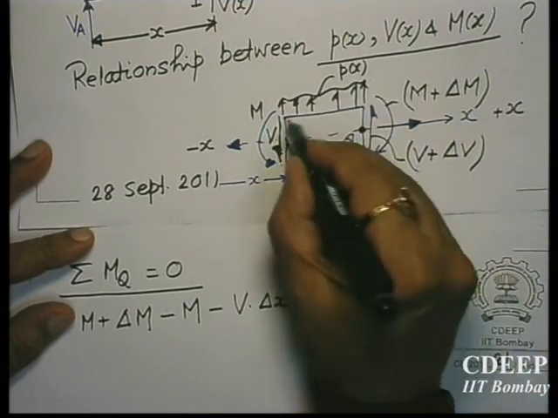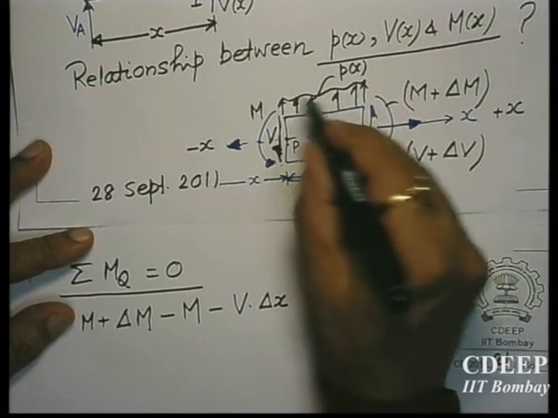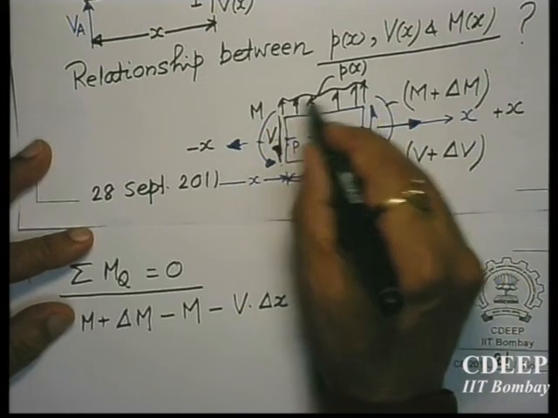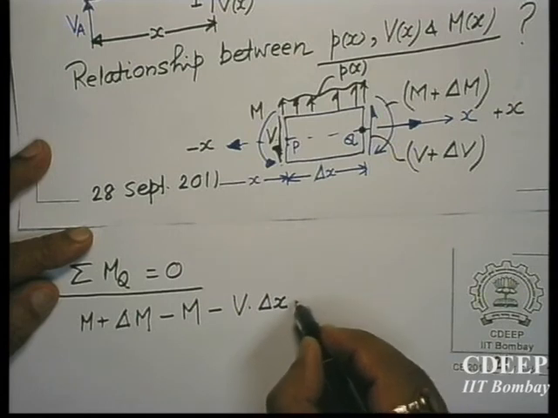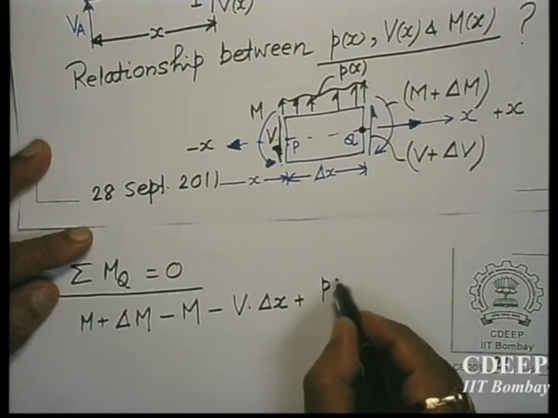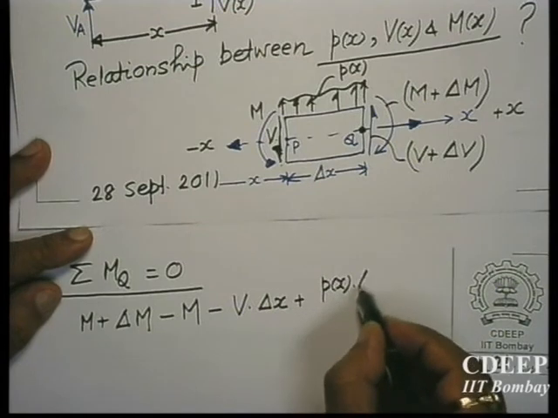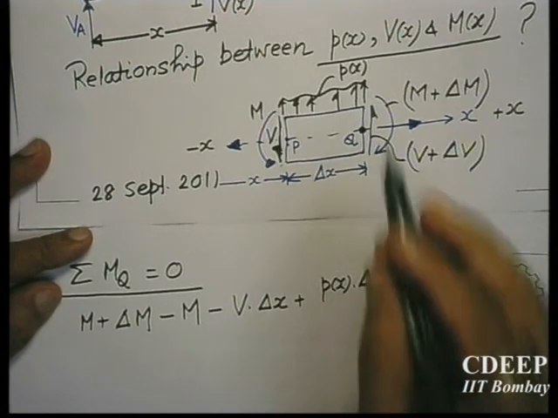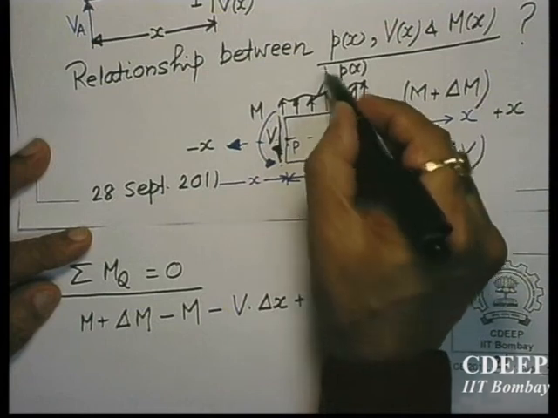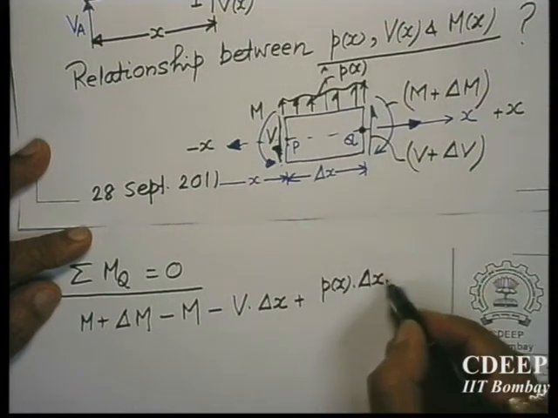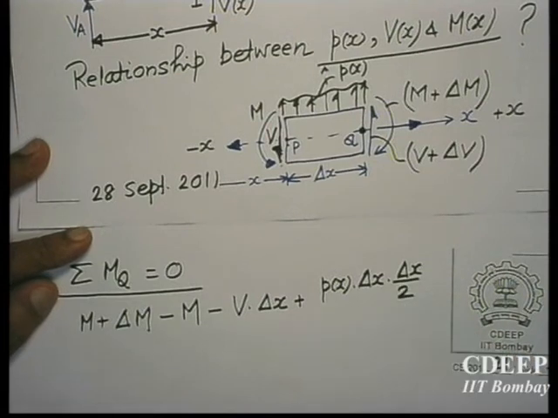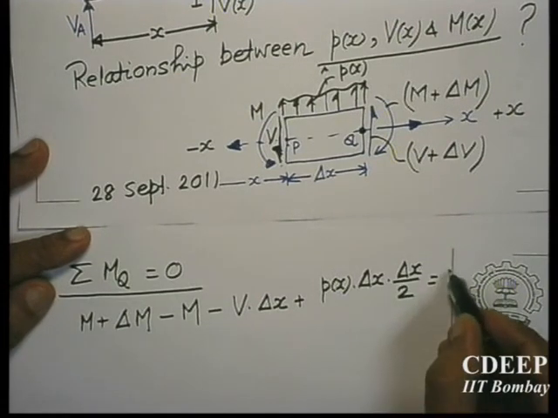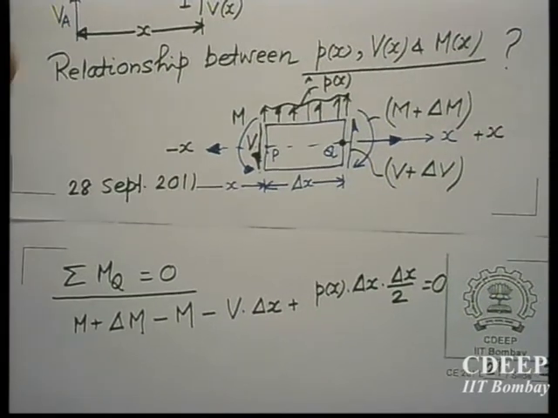If you assume this Px to be constant here, not varying, then Px multiplied by dx is the total load acting at the center of this, multiplied by the lever arm of only dx by 2. So, I think all the loads have been taken care of, and now we have got this.